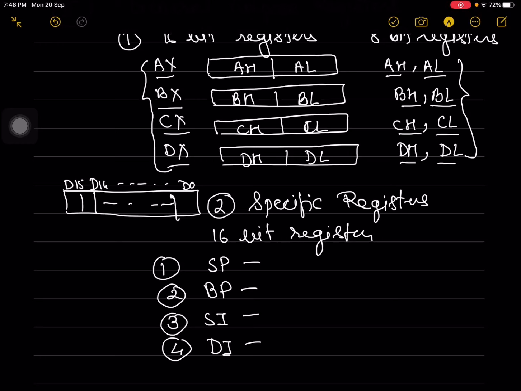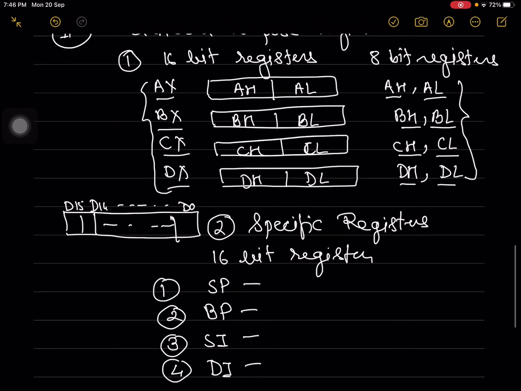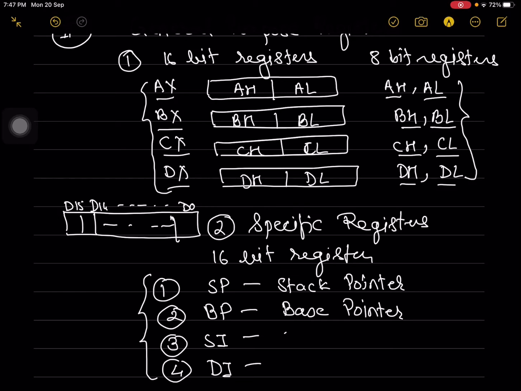So likewise we have a total of eight 16-bit registers, AX, BX, CX, DX and SP, BP, SI, DI, and eight 8-bit registers AH, AL, BH, BL, CH, CL and DH, DL. SP is called the stack pointer, BP is the base pointer, SI is the source index register and DI is the destination index register.